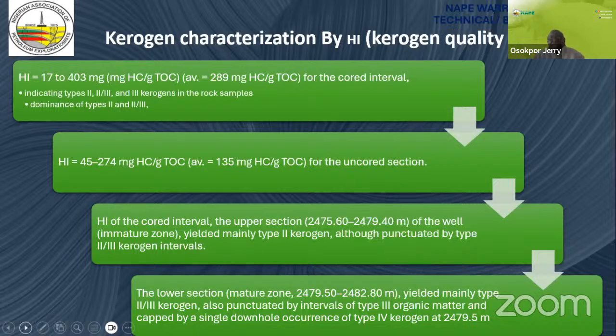The section that has mainly type 3 kerogen, low quality kerogen, punctuated by type 2, type 3 in some stratigraphic levels, is actually matured, while the section that is not matured is dominated by type 2 kerogen, punctuated by type 2, type 3 kerogen in some stratigraphic intervals. Next slide.